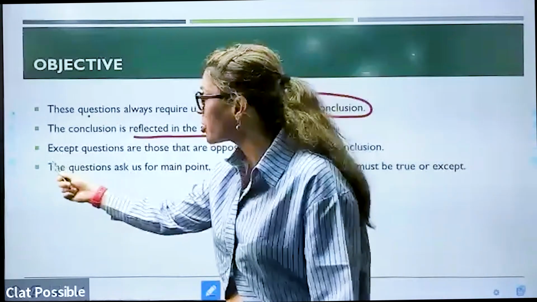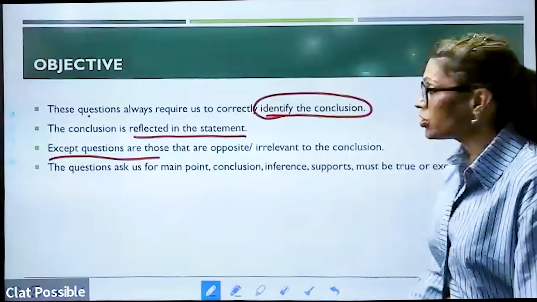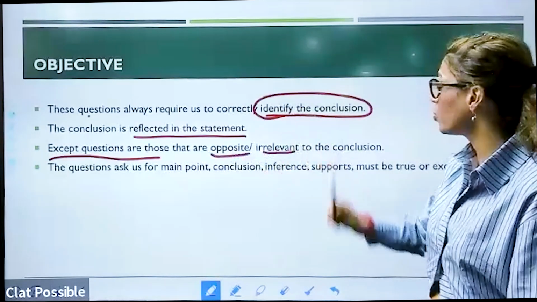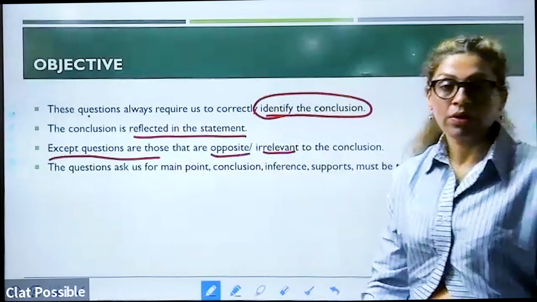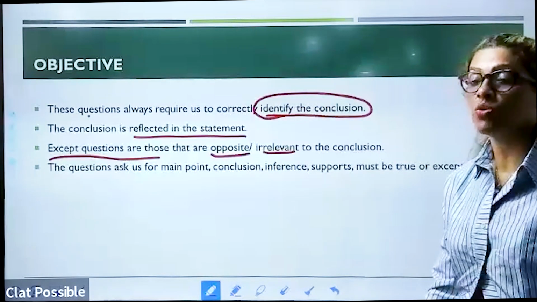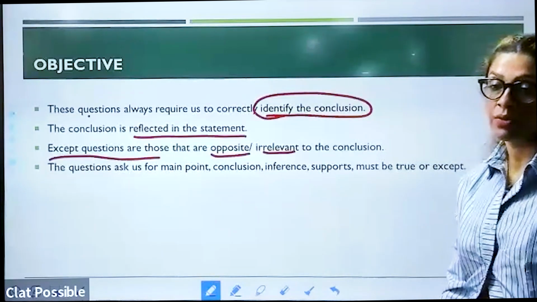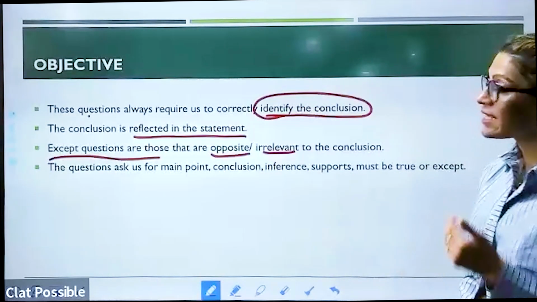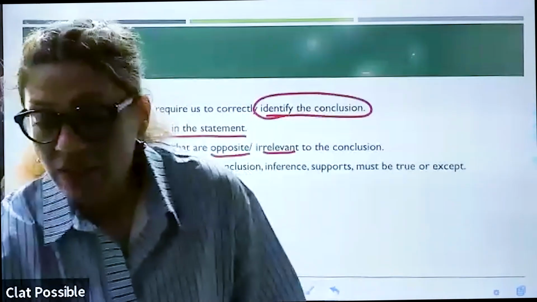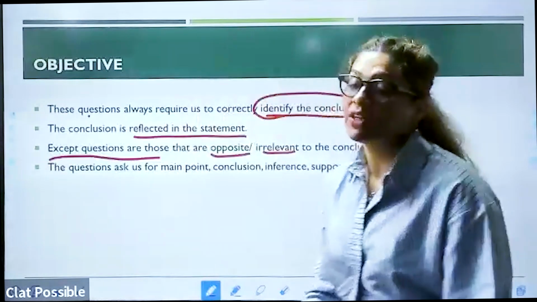A category of questions that comes here is except questions. Those are either opposite to the conclusion or irrelevant to the conclusion. So when you are choosing the opposite of the conclusion, then again, first you have to understand what the conclusion is. So except answer will be one, which is going against the conclusion in most cases or will be irrelevant to the conclusion.